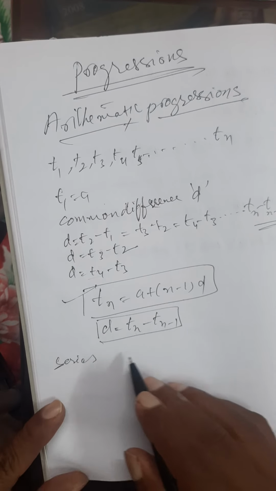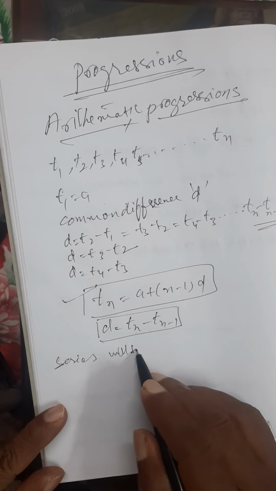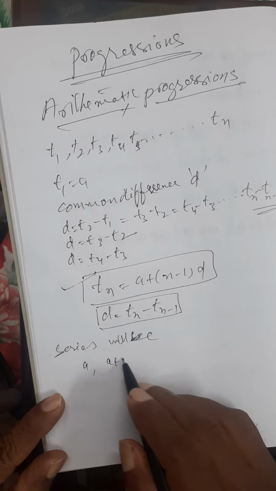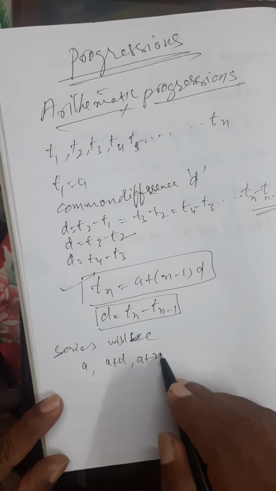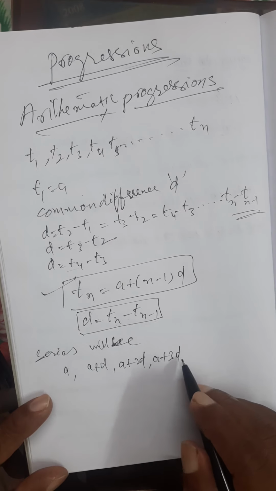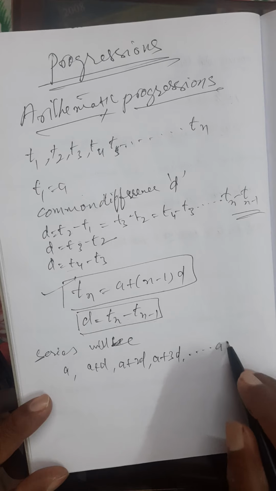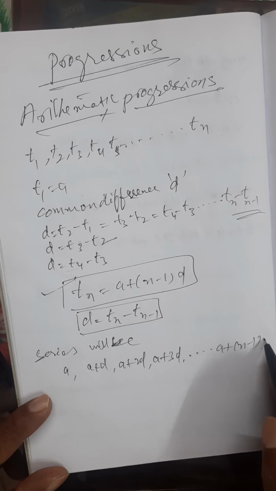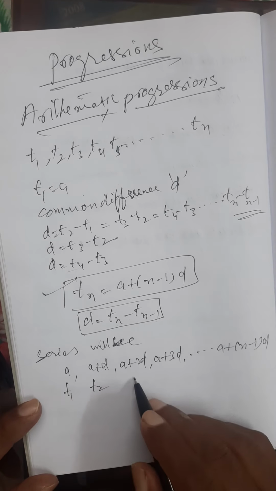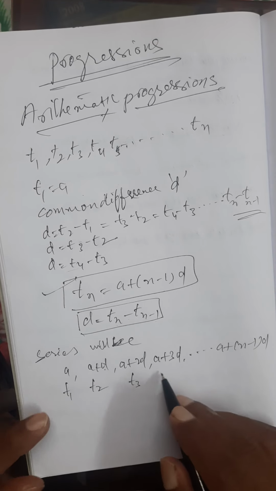This is the nth term, and the series will be a, a plus d, a plus 2d, a plus 3d, dot, a plus n minus 1 into d. That means for T2, 1d; for T3, 2d, one less.